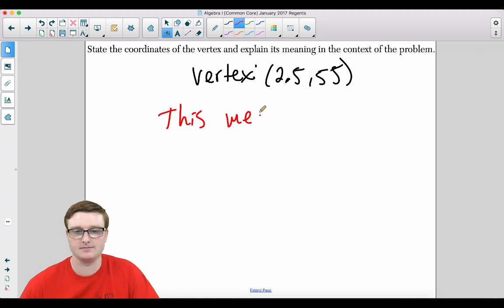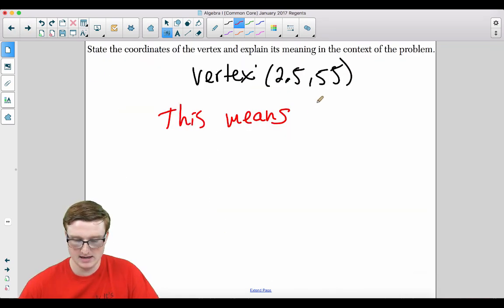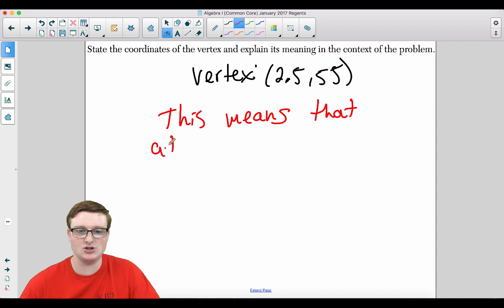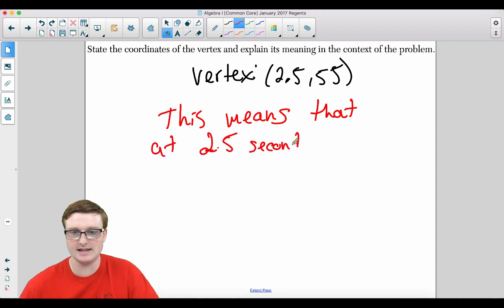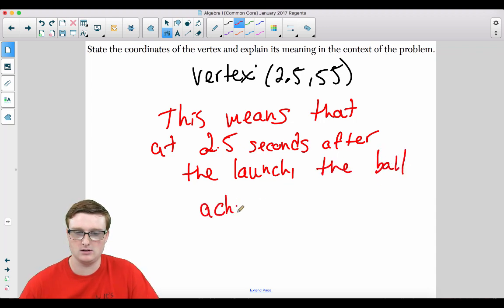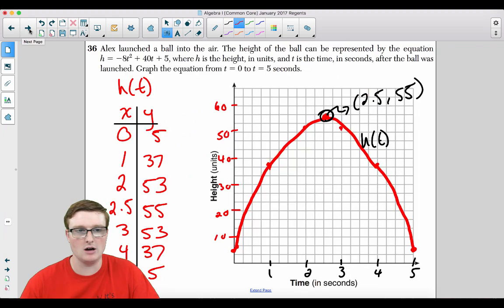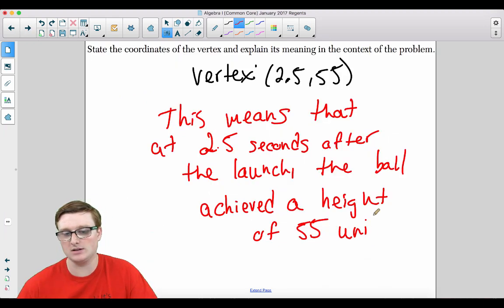Remember that we are launching a ball, so this means that at 2.5 seconds after the launch, the ball achieved a height of 55. Did they tell me in feet? No, it just says units. Of 55 units.